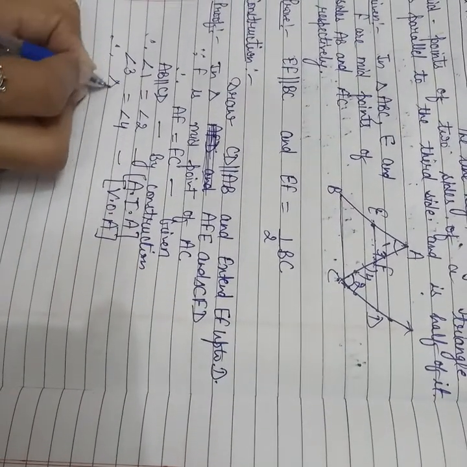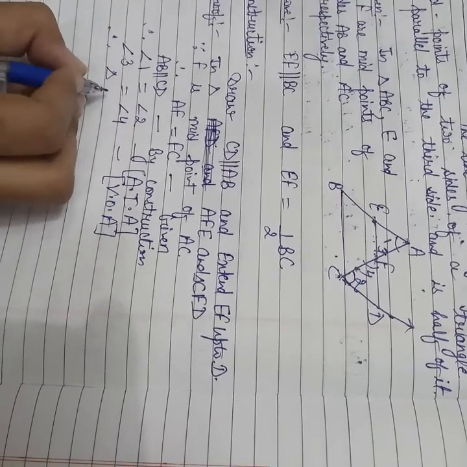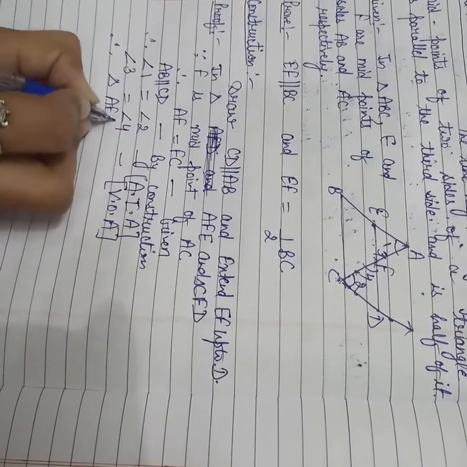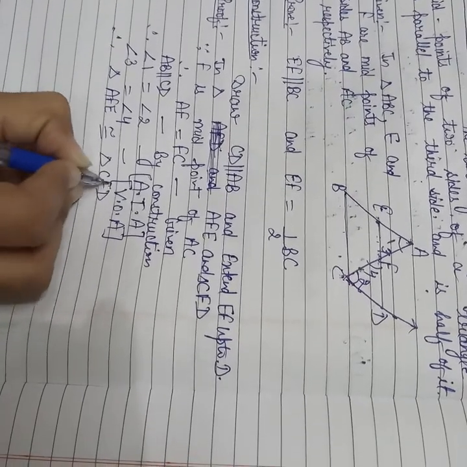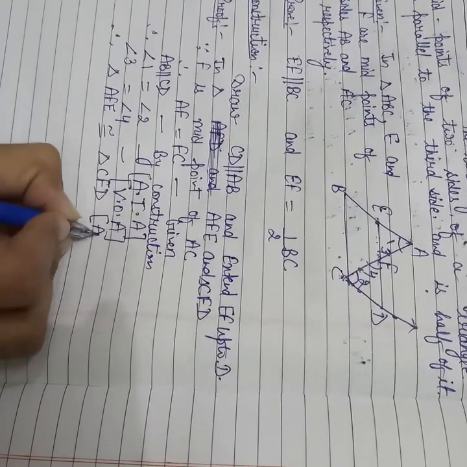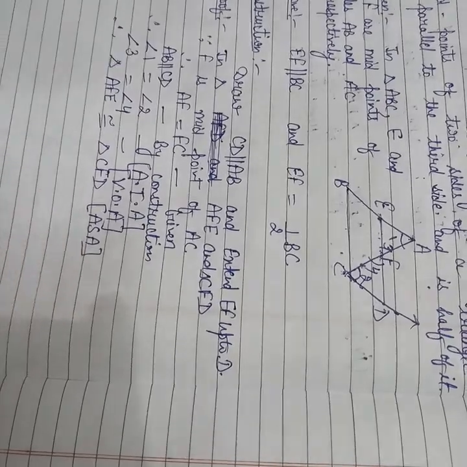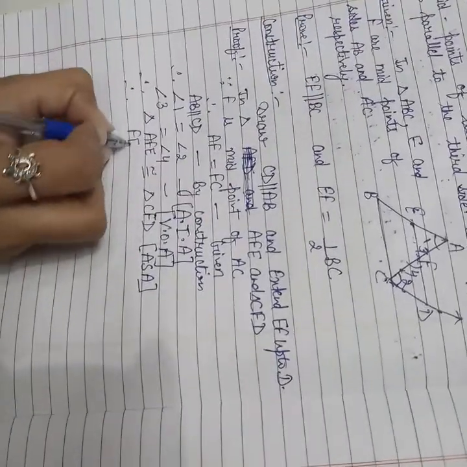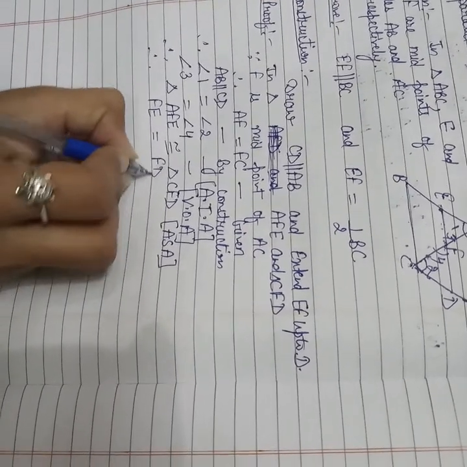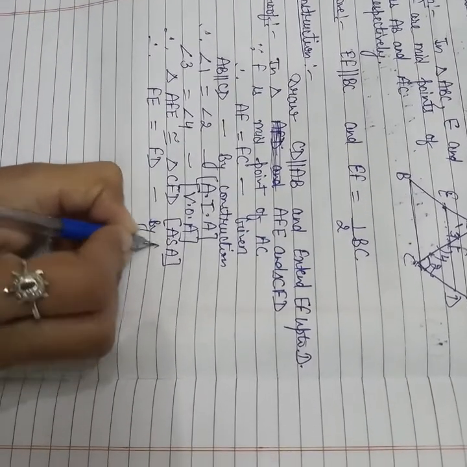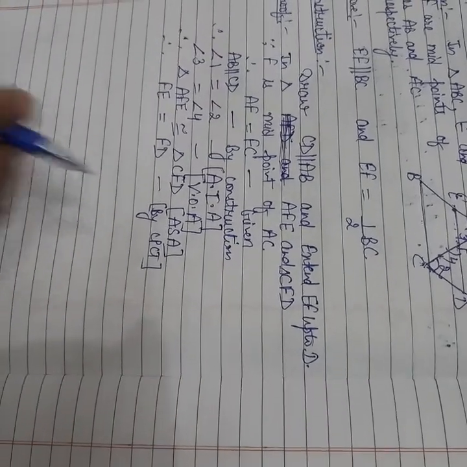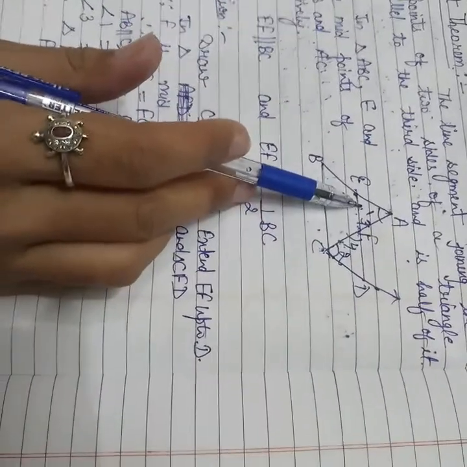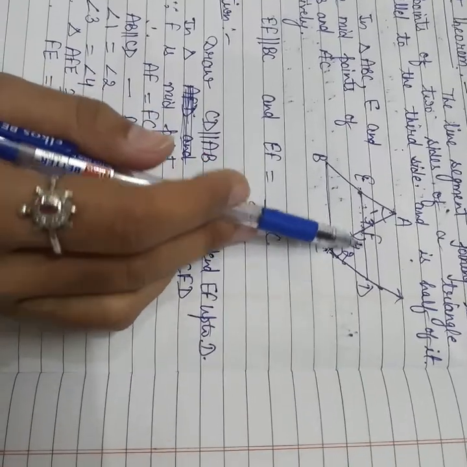Therefore triangle AFE is congruent to triangle CFD by angle side angle. Therefore FE equals FD by CPCT. Now these two triangles are congruent and EF equals FD.